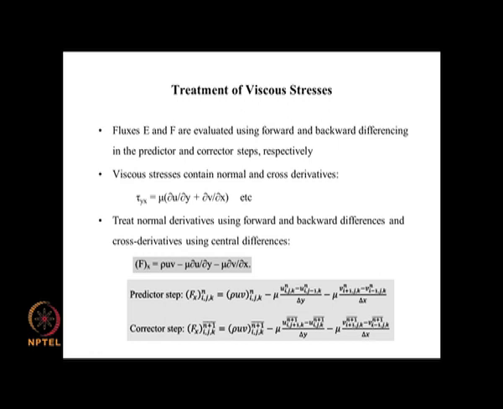So, it is i plus 1, i minus 1, making it central here and central here, whereas this term, which in the f term is dou square u by dou y square, and therefore, it is a normal term, is evaluated as j minus j minus 1. So, it is a backward differencing, and here it is forward differencing, j plus 1 minus j.